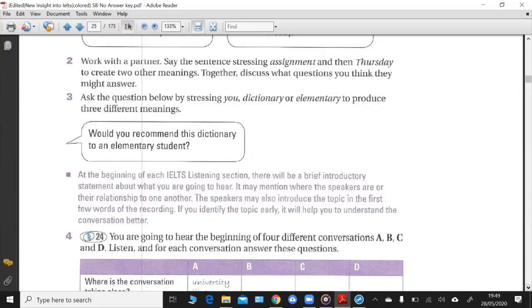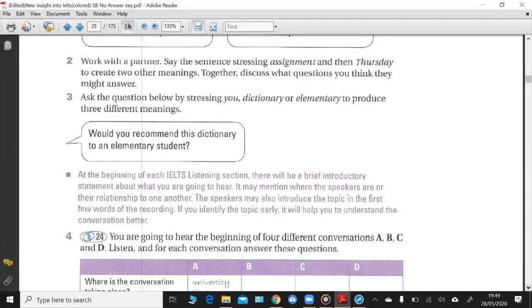The second one, would you recommend this dictionary? Now my stress is on dictionary. I'm asking you, this dictionary, would you recommend that? The third one, would you recommend this dictionary to an elementary student? Now my stress is on elementary. I'm asking you, is this dictionary okay for elementary students?